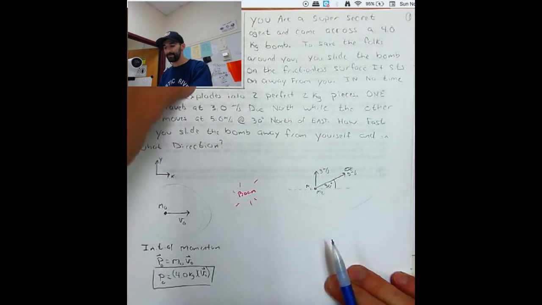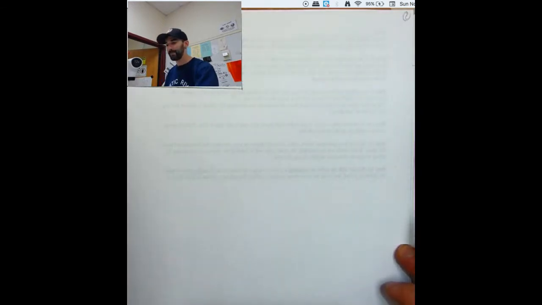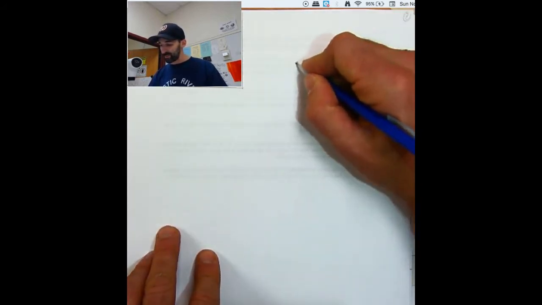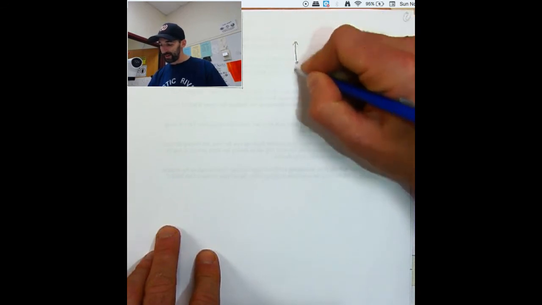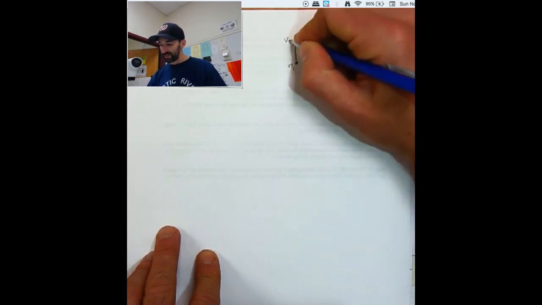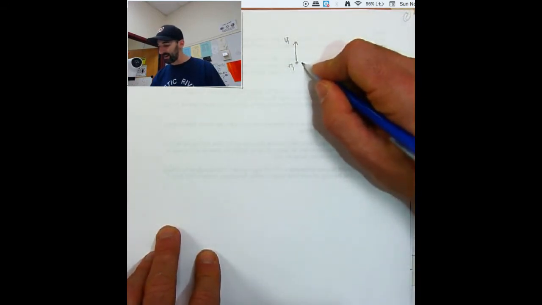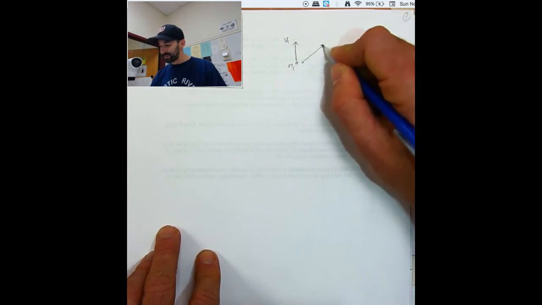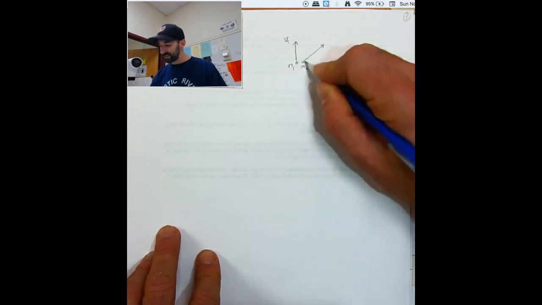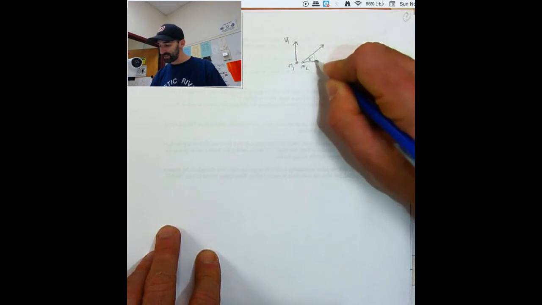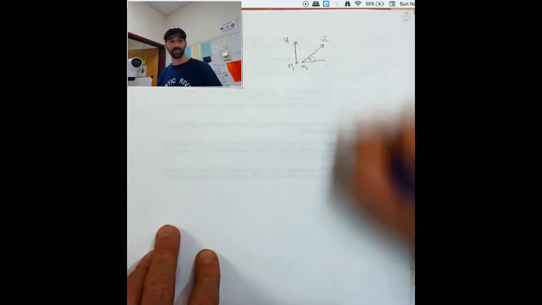Now, my final momentum has two different pieces. Let me redraw my problem here. I've got M1 traveling at some velocity that was given, and I have mass number 2 traveling at 30 degrees to the horizontal at V2.